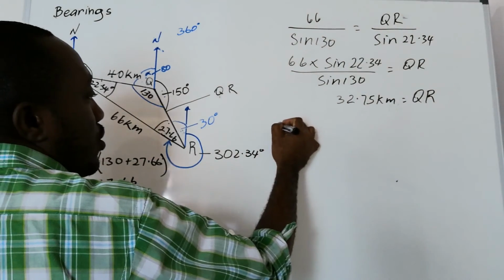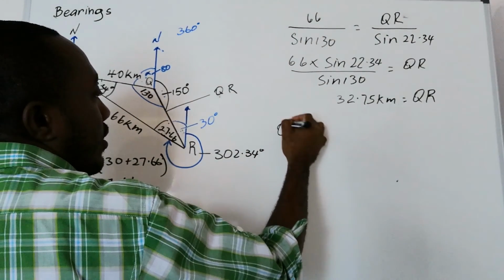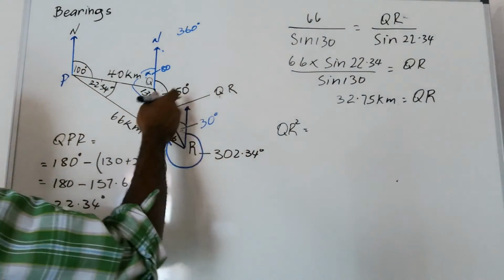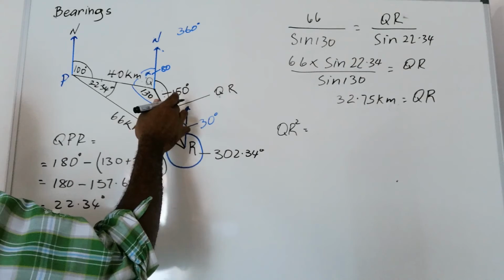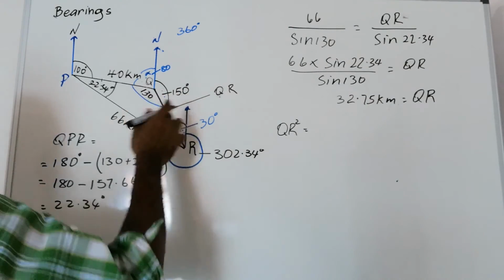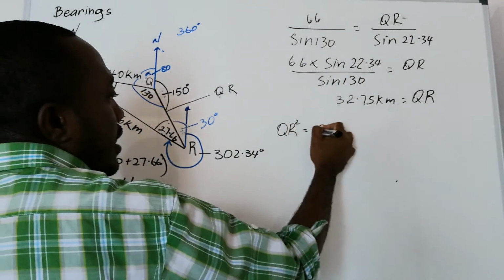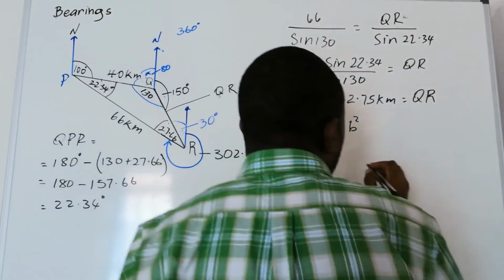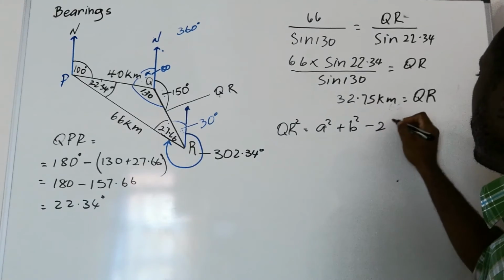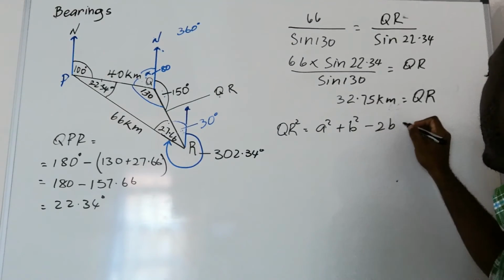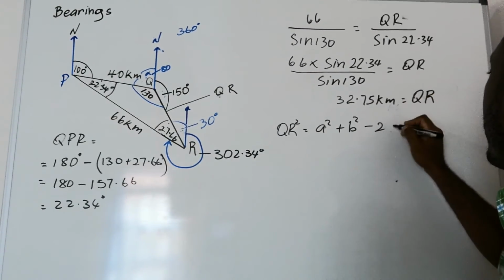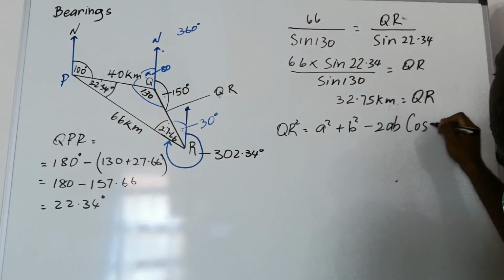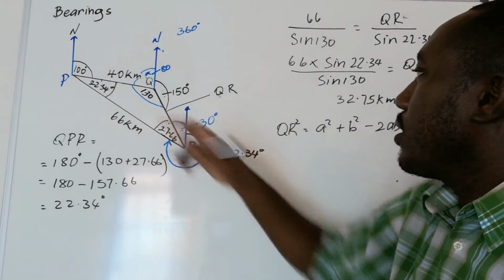Remember, the cosine rule says QR squared, we will use QR to represent this length here, is equal to a squared plus b squared minus 2ab cos the angle opposite QR.